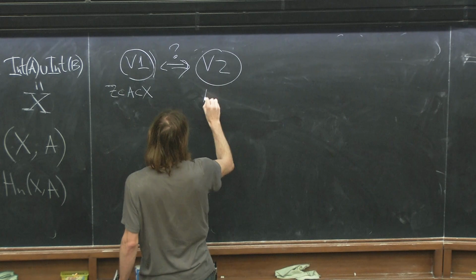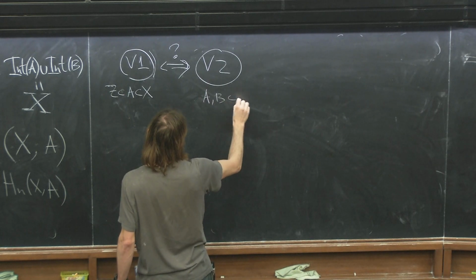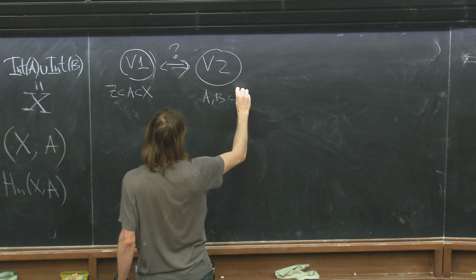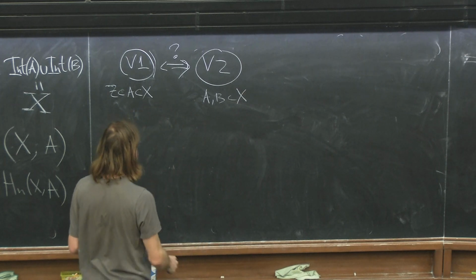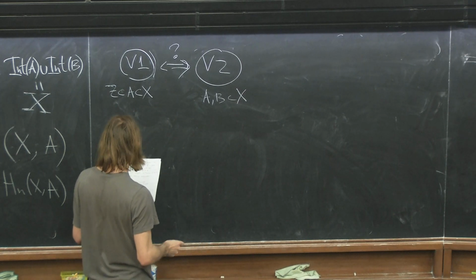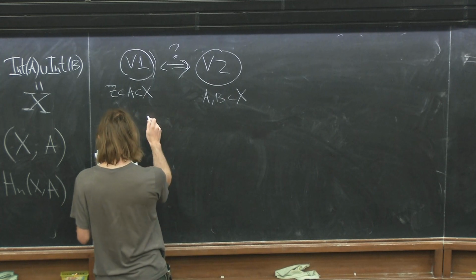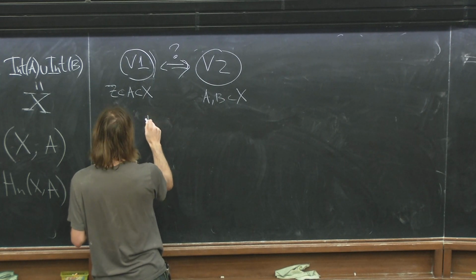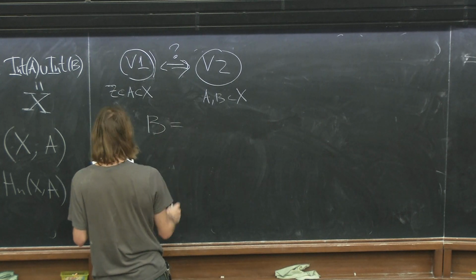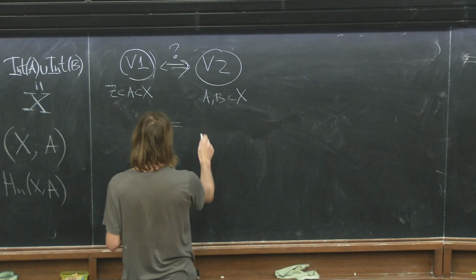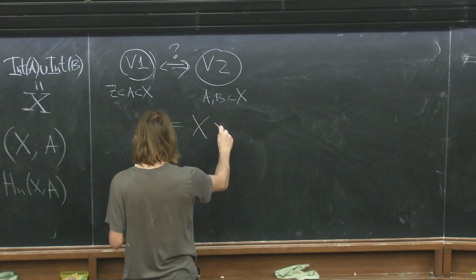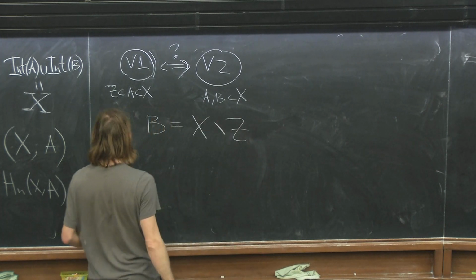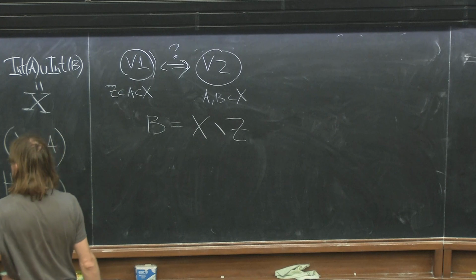And here we had a pair A, B inside X. And we want to say that these two setups are related by saying that B is the same as the complement of Z in X.